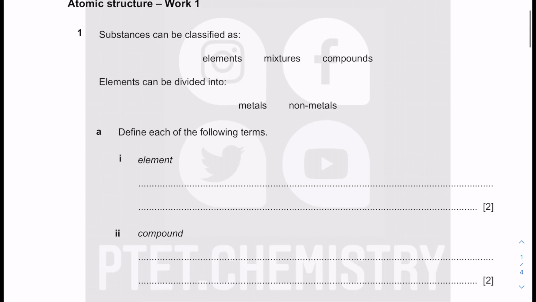So in this question, we have these terms that we have to classify a few substances: elements, compound, and mixtures. And we know that elements can be further divided into metals and non-metals. These are elements that you can find in the periodic table, and the metals tend to be found on the far left of the periodic table.